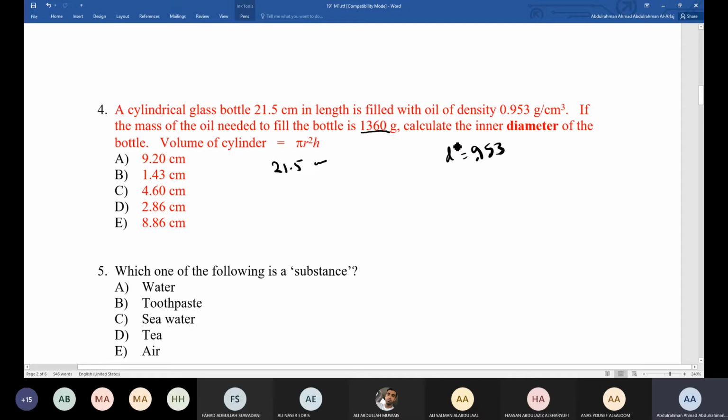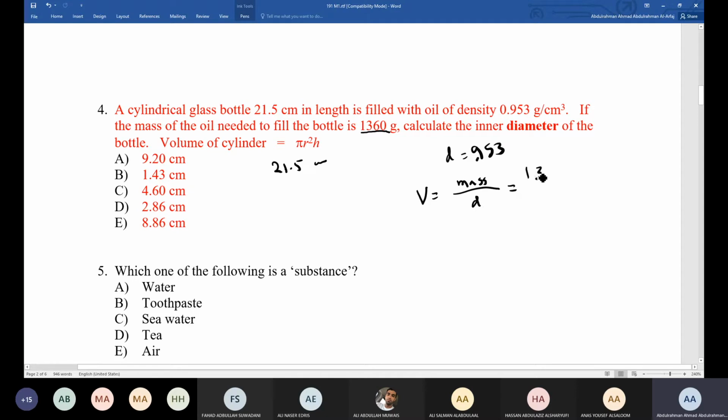So this is the mass, this is the density. What can you calculate? The volume. What is the volume equal to? Mass over density, exactly.